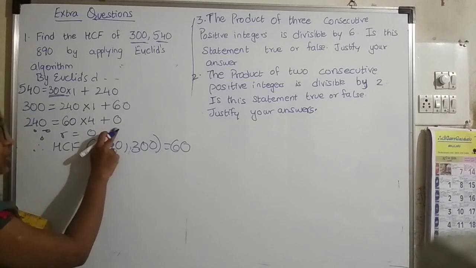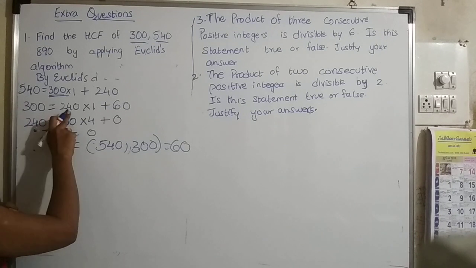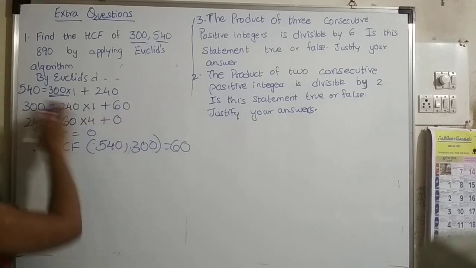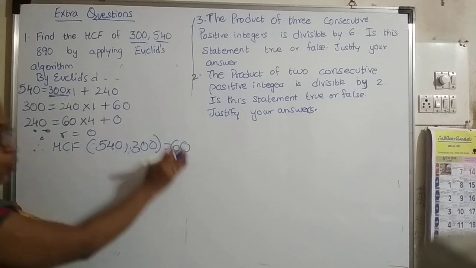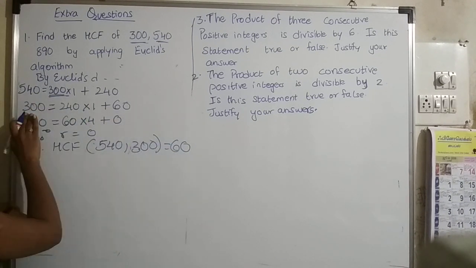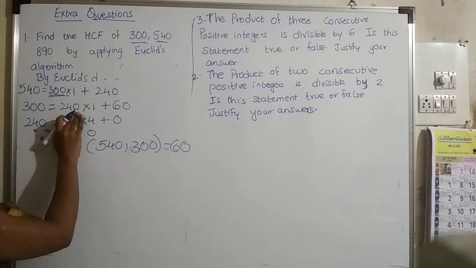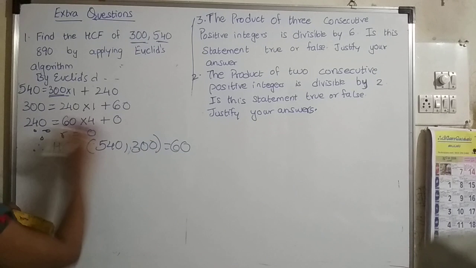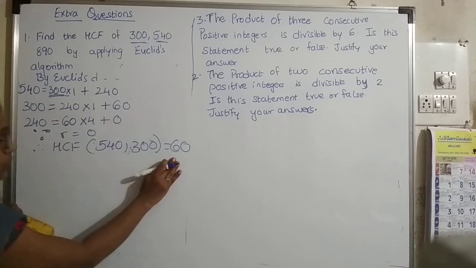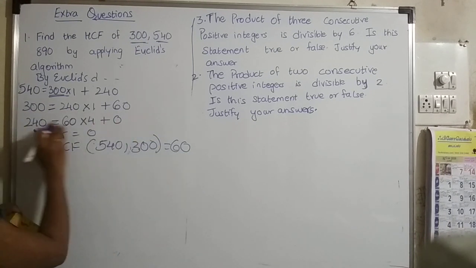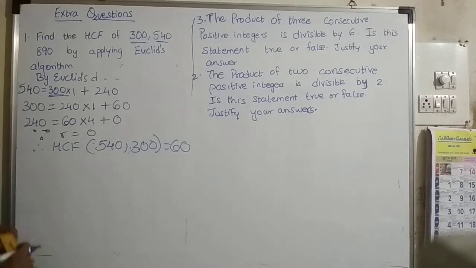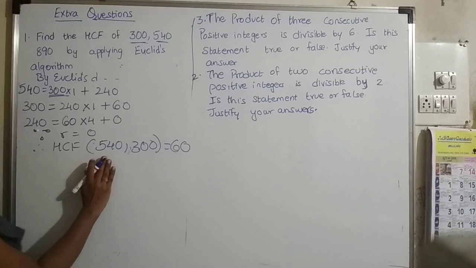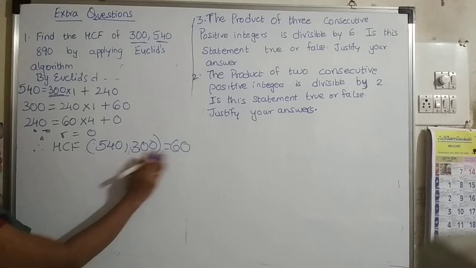We continue the division till we get remainder 0. So you continue and you will get the same answer. Here we got that the HCF of 540 and 300 is 60.